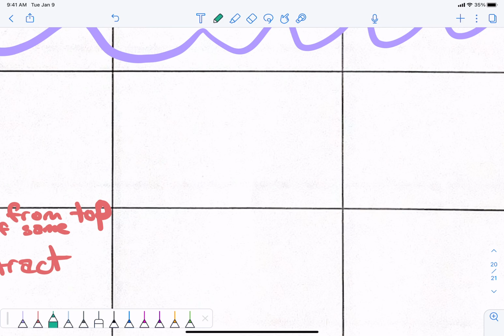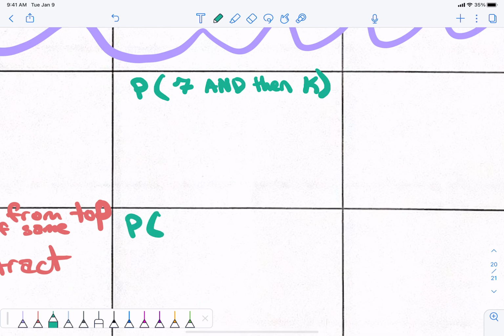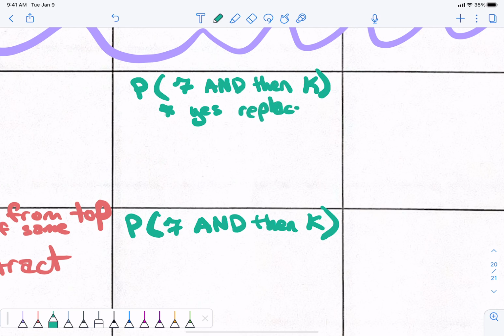Let's do probability of, I don't know, a 7 and then a king. And a probability of 7 and then a king, except this one is yes, replace, and this is no replace.